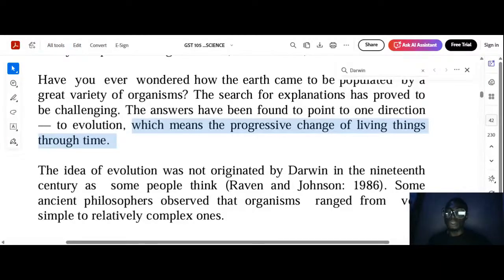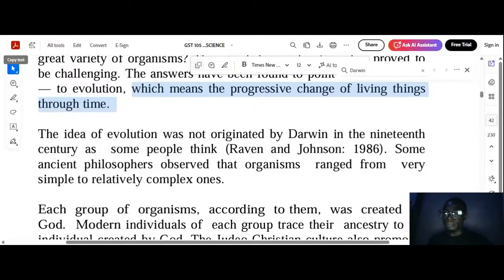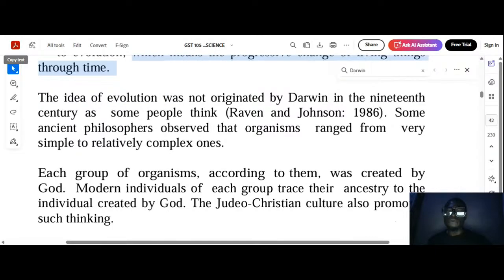That is evolution. Now, the idea of evolution was not originated by Darwin in the 19th century, as some people think. Some ancient philosophers observed that organisms ranged from very simple to relatively complex ones. Each group of organisms, according to them, was created by God. Modern individuals of each group trace their ancestry to the individual created by God.